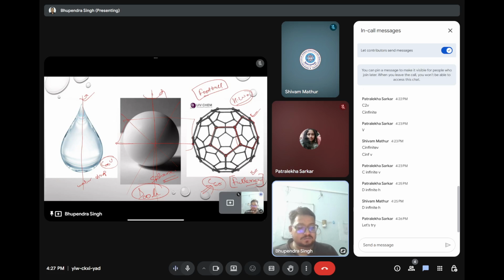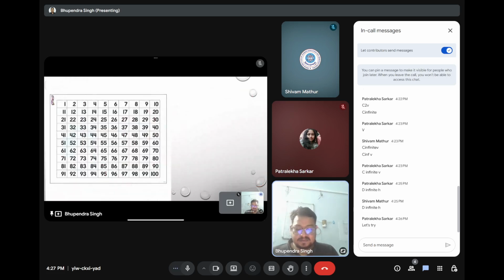So let's move on to the next example. Last day I gave this as homework. Did you guys try to solve or find the point group of these numbers?